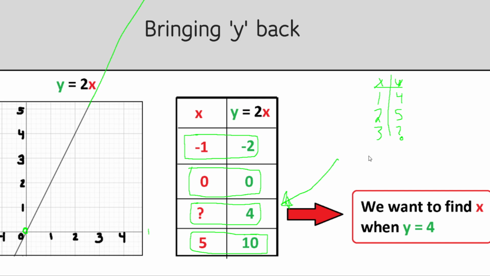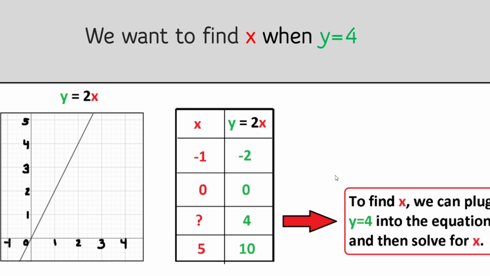What's y there? Well, for what we're doing now, we're able to find x, or when the question mark's on the other side. So that's our goal here. We want to find x when y is equal to 4.